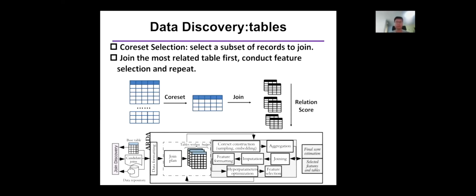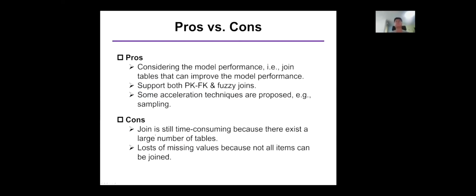In each step, it feeds a batch of tables to join with the base table, considering the trade-off between storage overhead and efficiency. Then it conducts feature selection, trains the models, and tests the accuracy. When the accuracy does not increase or a predefined budget of steps has been reached, the augmentation process terminates.